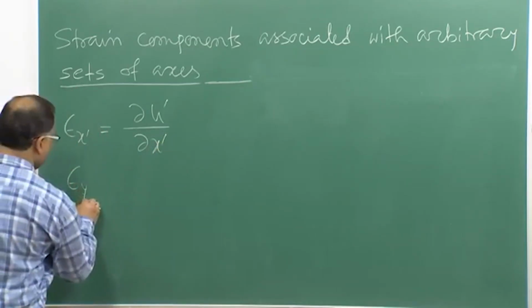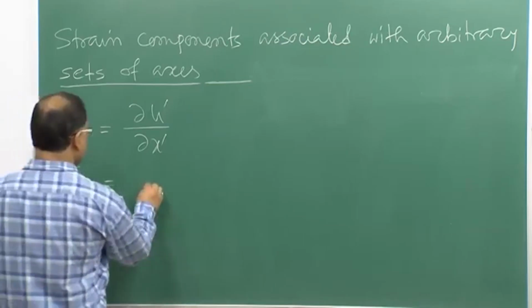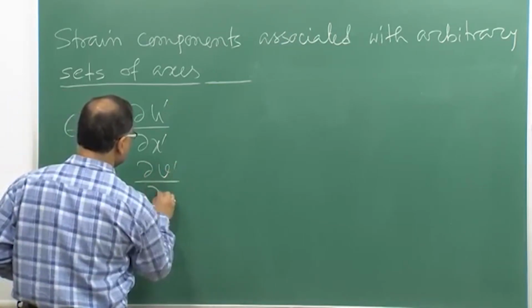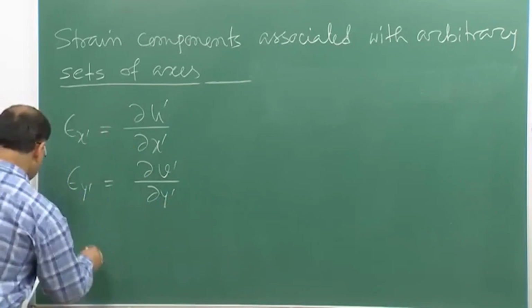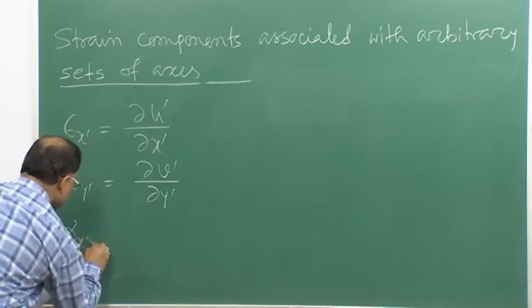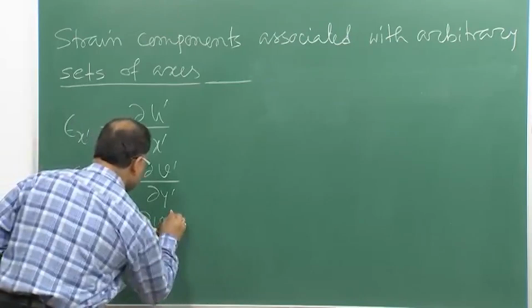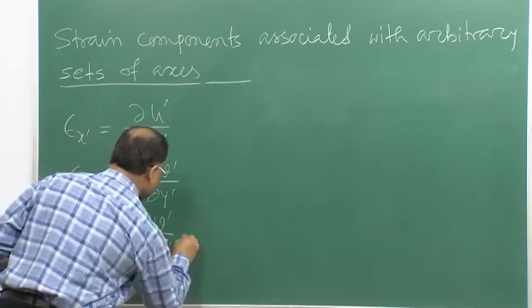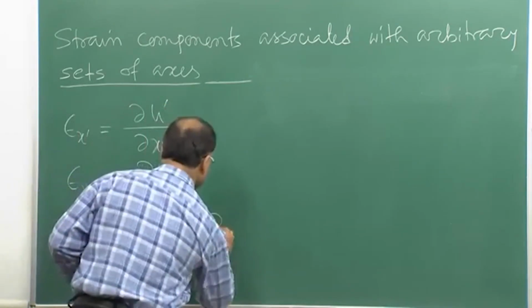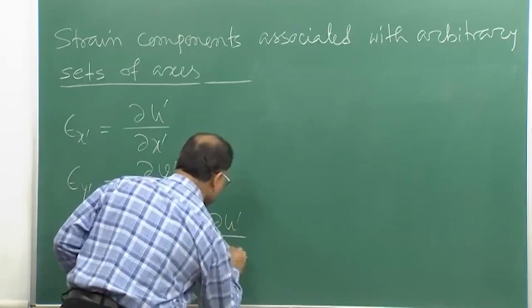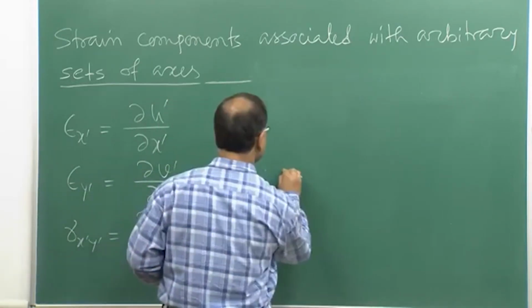Similarly, epsilon y prime can be written as del v prime del y prime, and gamma x prime y prime is equal to del v prime del x prime plus del u prime del y prime. Say this is my equation 1.